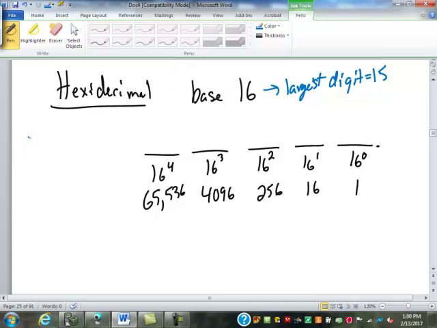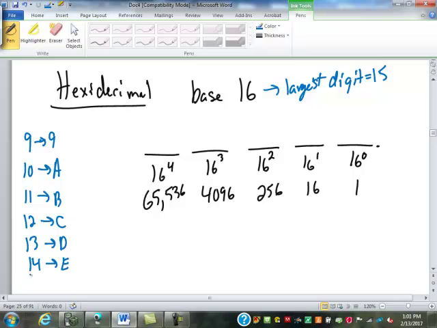So what happens is, of course, 9 is just a 9. 10 is represented by the letter A. 11 is the letter B. 12 is the letter C. 13 is D. 14 is E. And 15 is the letter F. So it is possible in hexadecimal numbers to have FAD7 as a number.